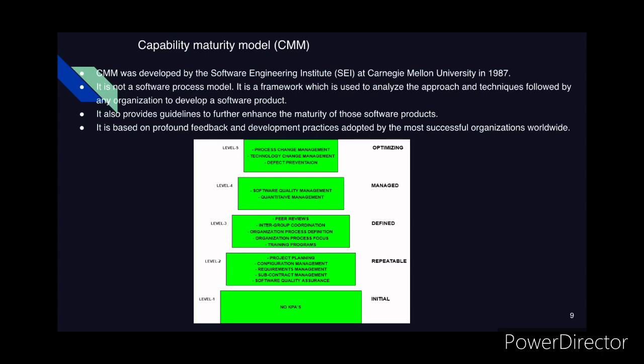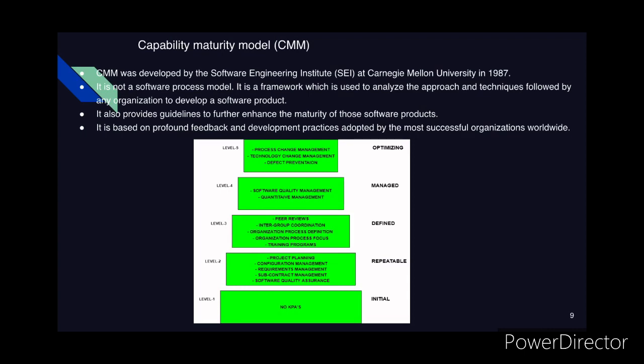KPAs are the key process areas, that is just an area where a task is divided in a specified or systematic manner. Each of these KPAs defines the basic requirements that should be met by a software process in order to satisfy the key process area and achieve that level of maturity.